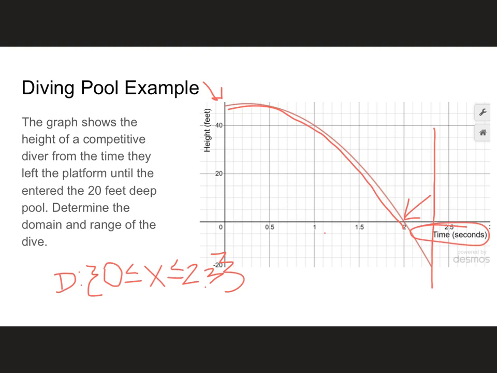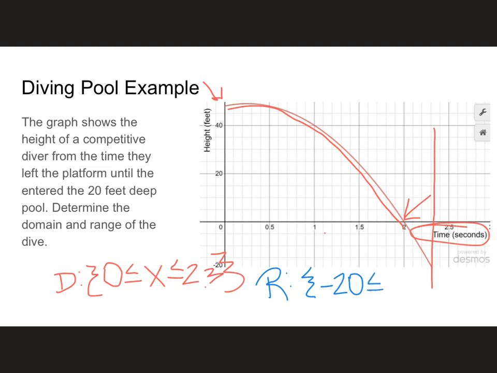Now for range, we have to go with where they started and how far they descended. This one's going to be a little more challenging because we don't have the exact values. So what I'm going to say is that the pool is 20 feet deep. So negative 20 is the lowest they can possibly go in this dive.